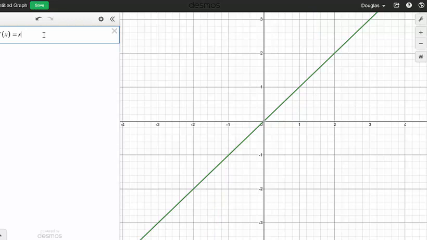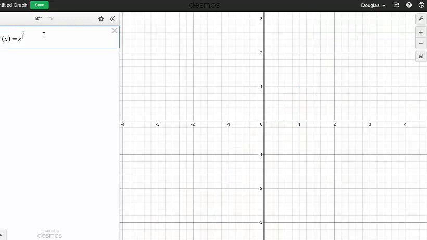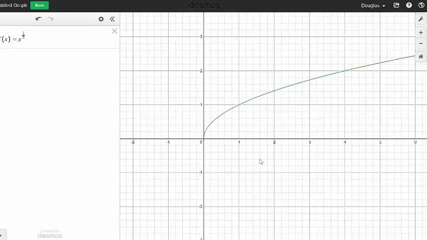And let's take a look at it. And note that it looks kind of like half of a parabola on its side, right? And the reason it looks like half of a parabola that is lying on its side is because that's exactly what it is.